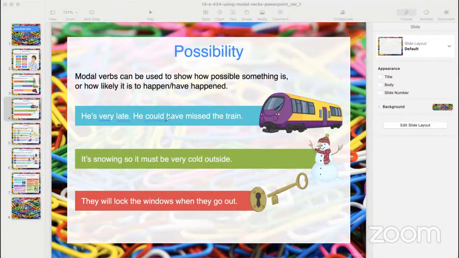He could is the helping verb, missed is the main verb, the train. We've got a detailed sentence about what is exactly happening, that he is late and that he could have missed the train. That is probably a reason why he is late.